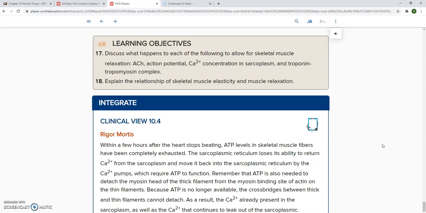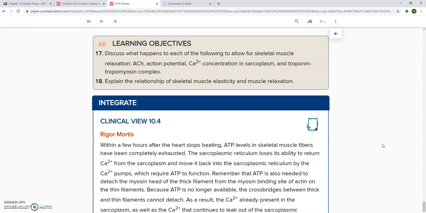So the muscles contract and they do not relax. That person is very stiff and they're set in that position that they're in right before rigor mortis set in. Now we're going to talk about why rigor mortis happens.